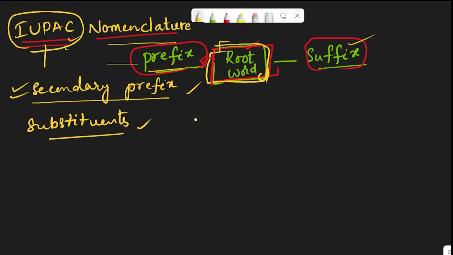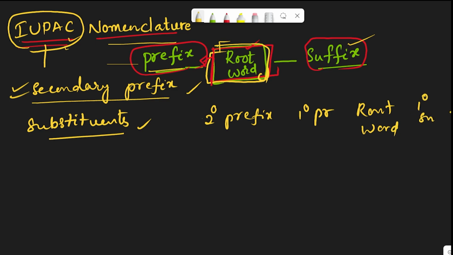See here, the order is, first of all, you write the secondary prefix, after that the primary prefix, then the root word. So this is the order. Then after that the primary suffix, then the secondary suffix. I will discuss what the primary suffix and secondary suffix are later.